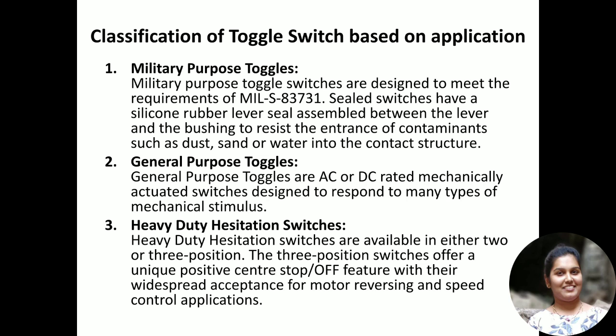So the additional third terminal will help in changing the direction of the motor, or we can control the speed of the motor with the help of the third extra terminal that we are taking for heavy duty hesitation switches.